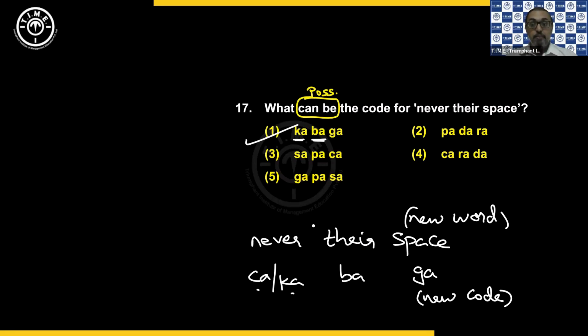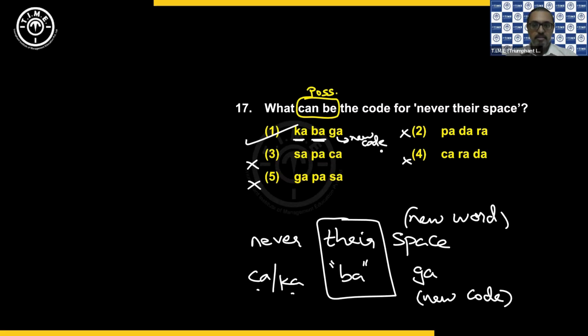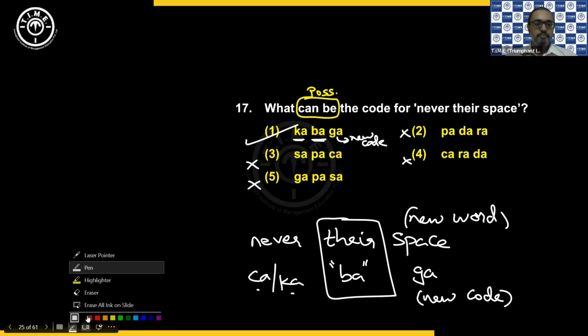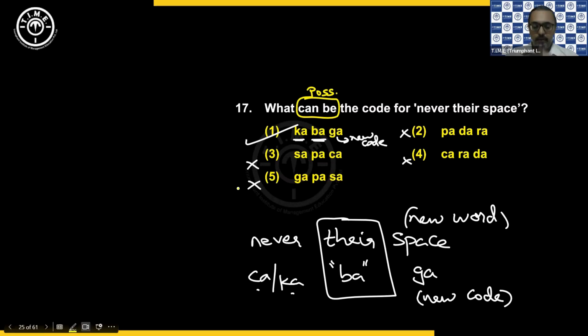Okay, so BA is compulsory. But when you look at the other options, do I have BA anywhere? I don't have BA anywhere. So with that itself, I can answer my question. Because there is BA that has to be compulsorily available. And none of the options except the first option have it. Correct? So yeah, choice 1. Choice 1 can be considered as the answer. Okay.